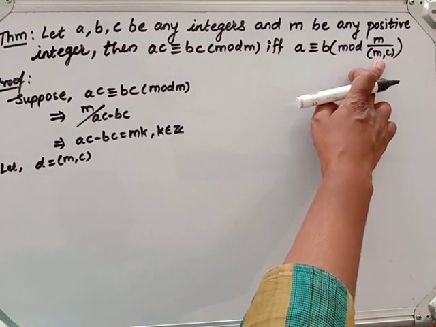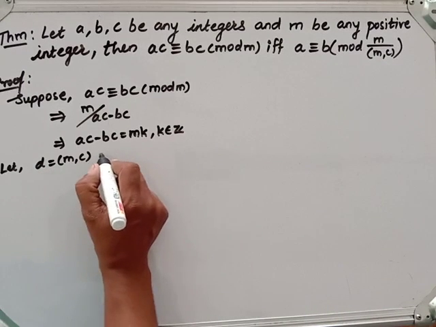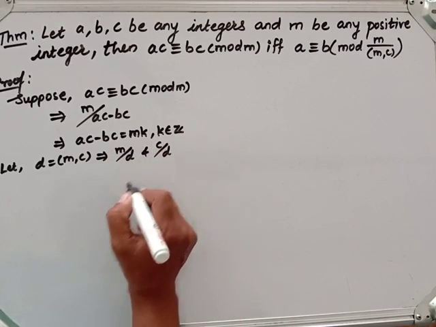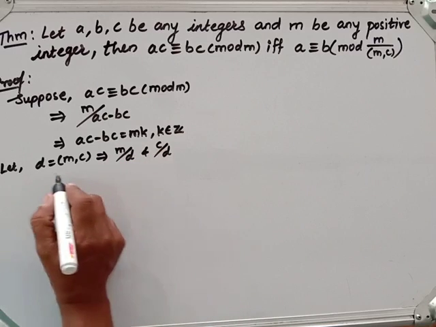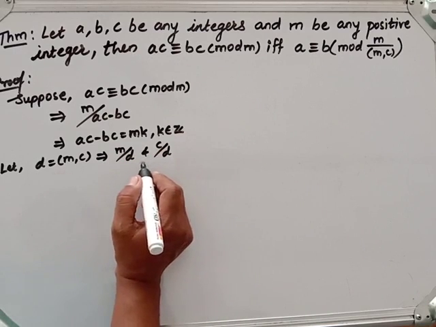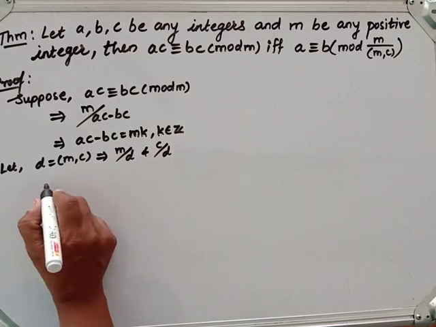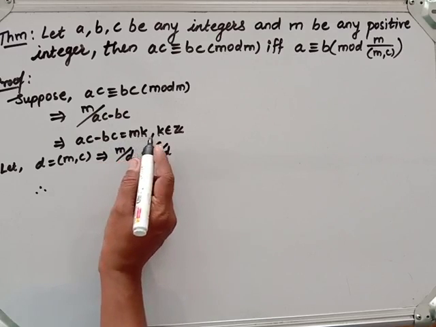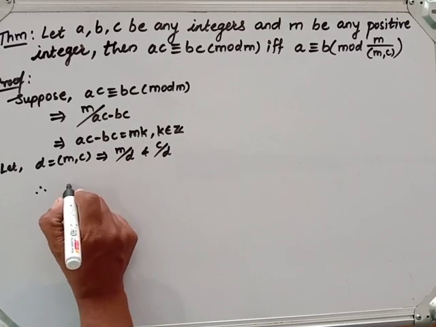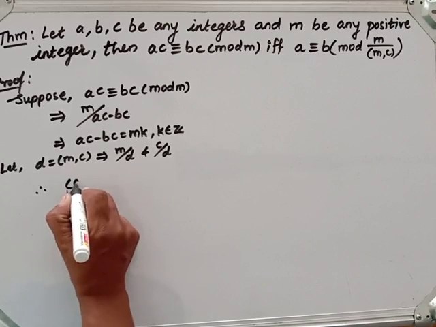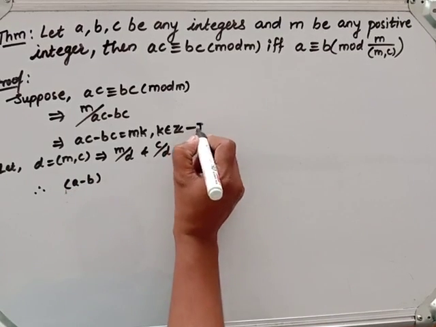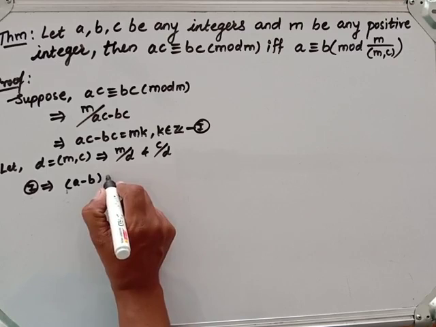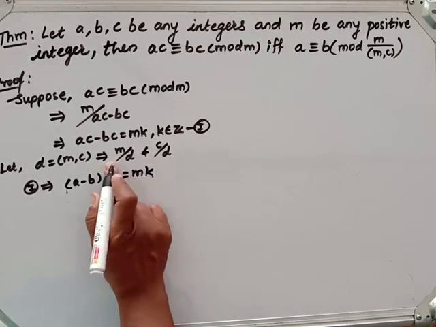Then if d is the GCD of m and c, this gives d divides m and d also divides c. Now from the equation ac minus bc is equal to m into k, I may write it as c into a minus b equals m into k. I will call it equation number 1.